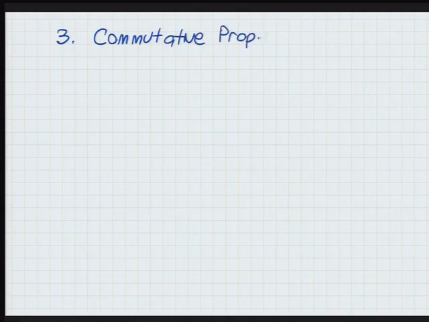Alright, so the third property is a question that was asked already. It's the commutative property. It does not matter which of the two signals I flip and drag when I'm doing the convolution operation. So x star h is the same as h star x.